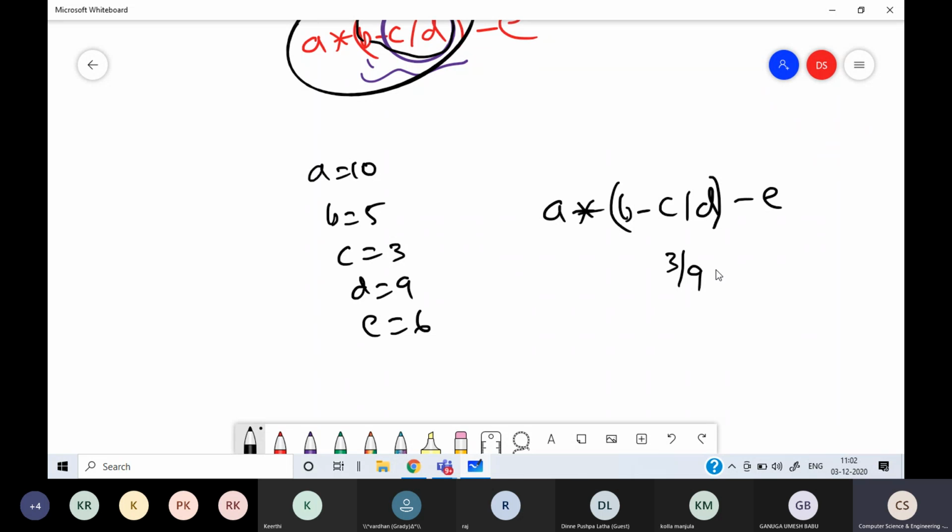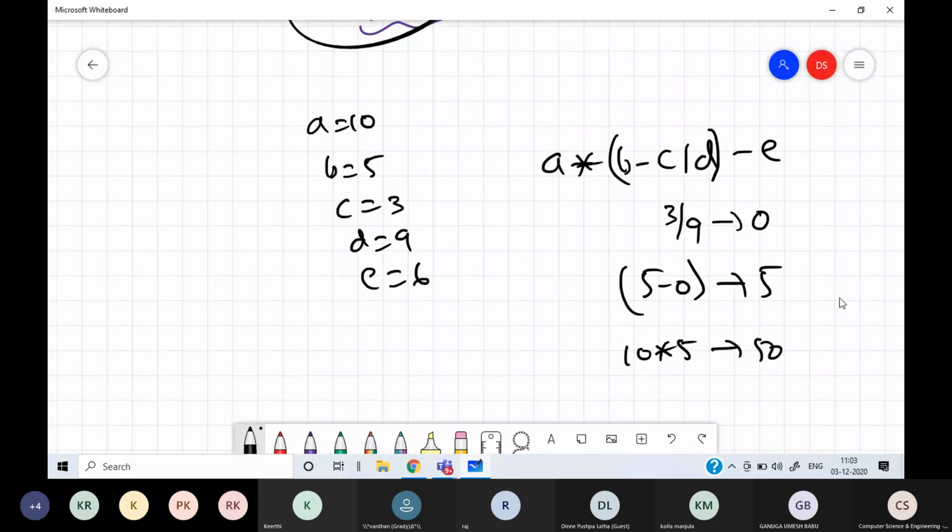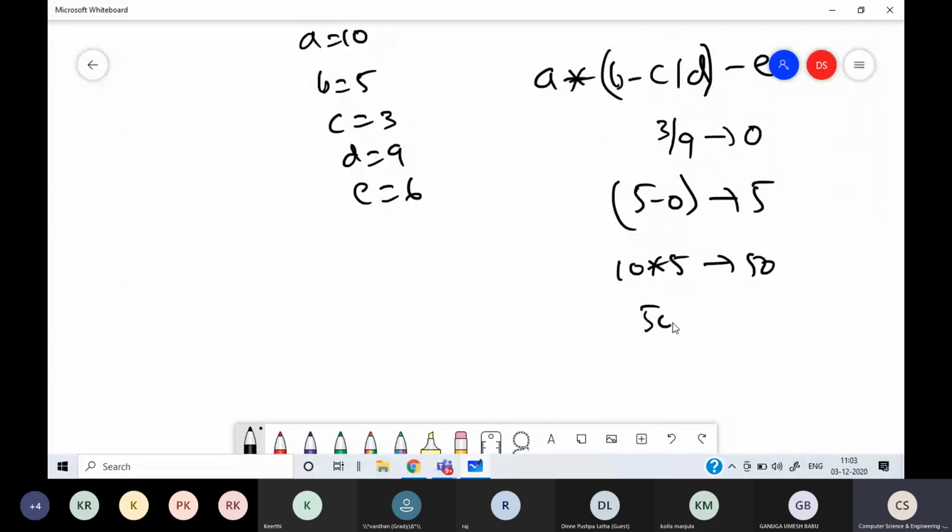I get 0 because it is integer division. Then b, which is 5, minus 0 is evaluated next. Then a, which is 10 into 5, is evaluated. And finally 50 minus 6 gives 44, the result of this expression. So this is about arithmetic.